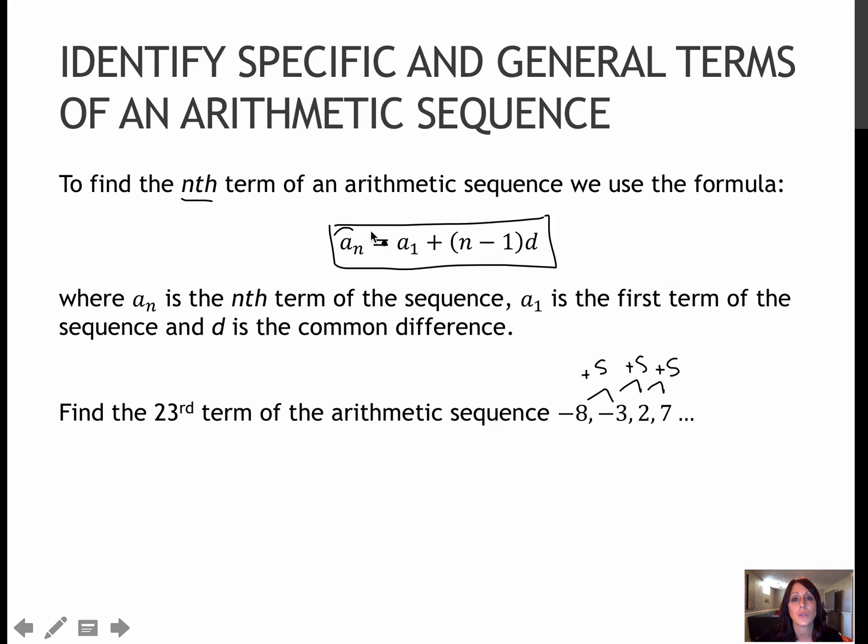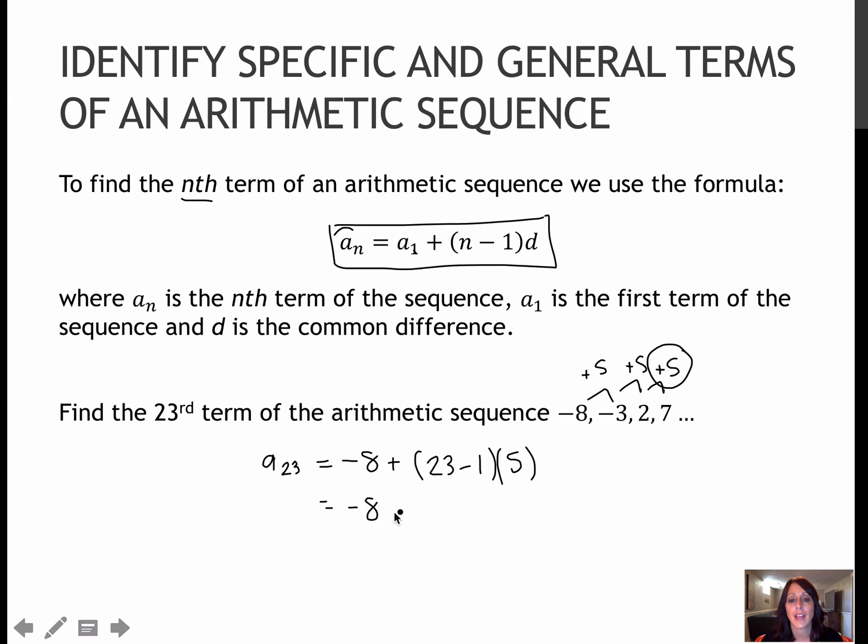So instead, let's use this function that says, to find a sub 23, I'm going to start with a sub 1, which is negative 8, and I'm going to add 23, which is n, minus 1, times the common difference, and we found that the common difference was 5. So this will help us to find that.